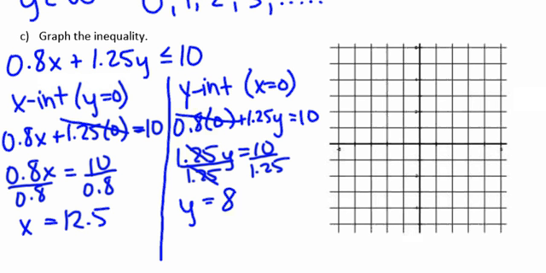So let's plot those points. This intercept, my x is 12.5, not 1.25. 12.5 when my y is 0. So at that point on our graph, we want to have 12.5 as our x-intercept.